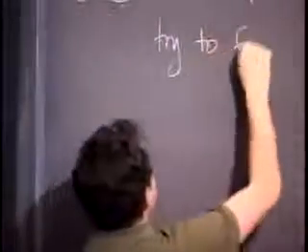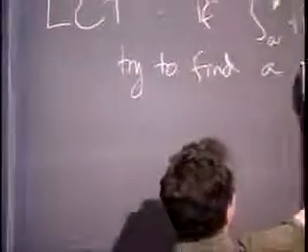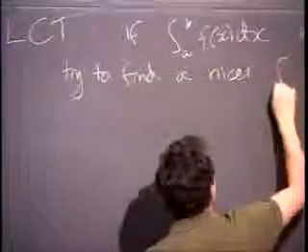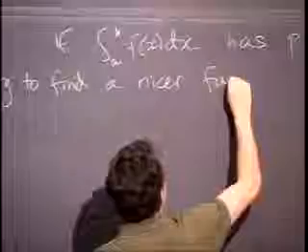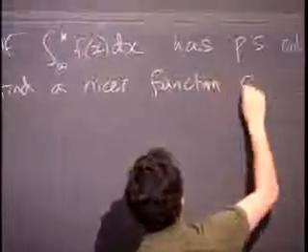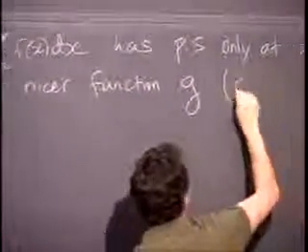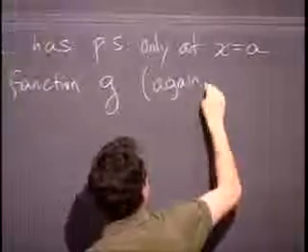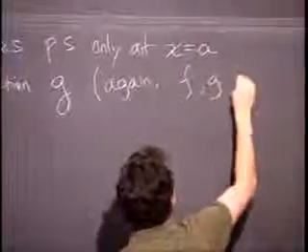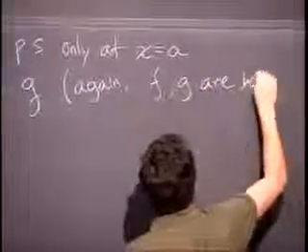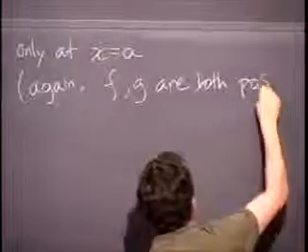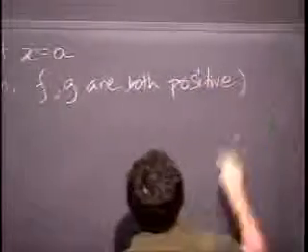If that's true, try to find a simpler function, or a nicer function g, and here I'm going to insist that they're both positive. Again, f and g are both positive in this. Otherwise, you have to do something else. And as I said, I'll tell you what that is later.